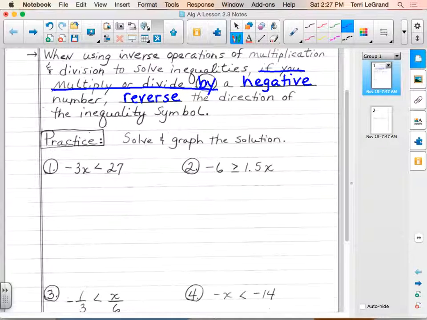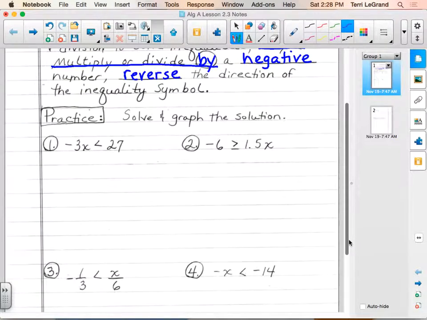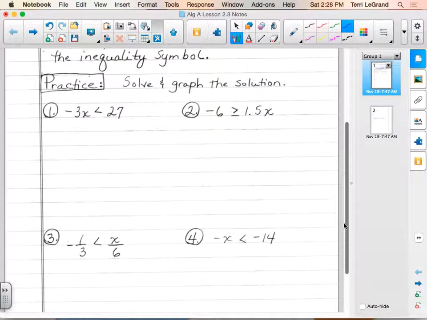If we don't remember to do that, we're going to end up with the wrong solution region shaded. Okay, so let's go to work practicing some solving here.